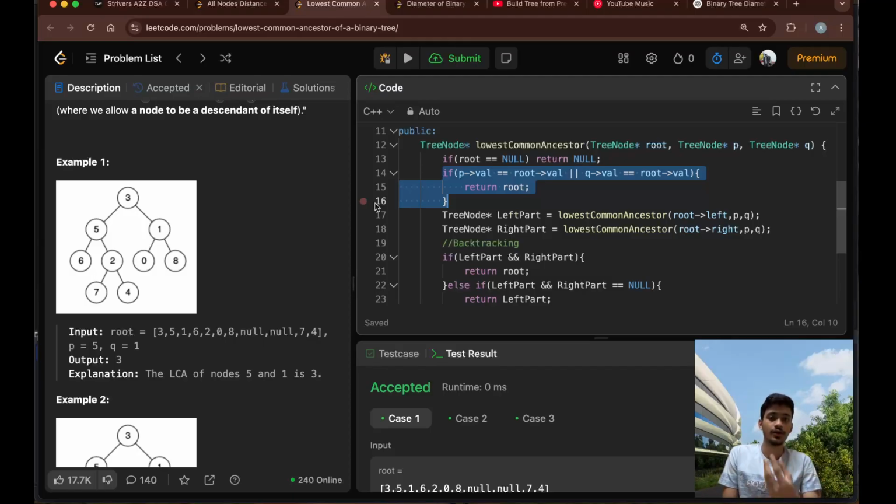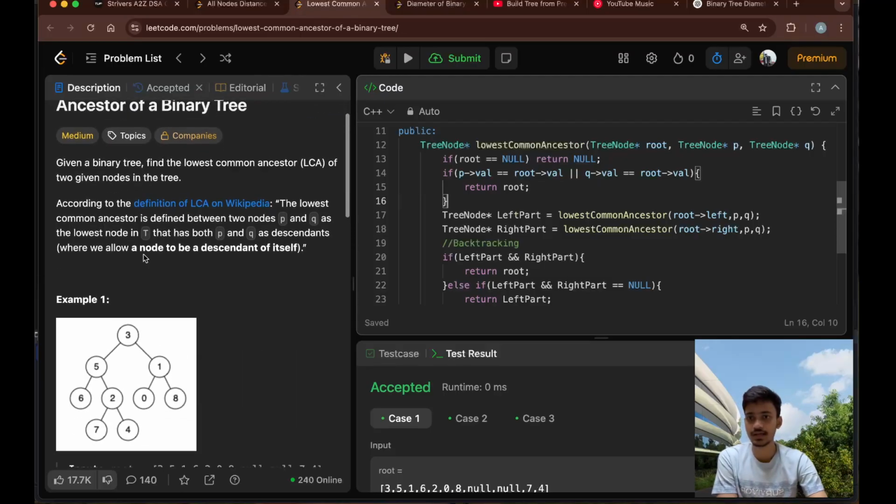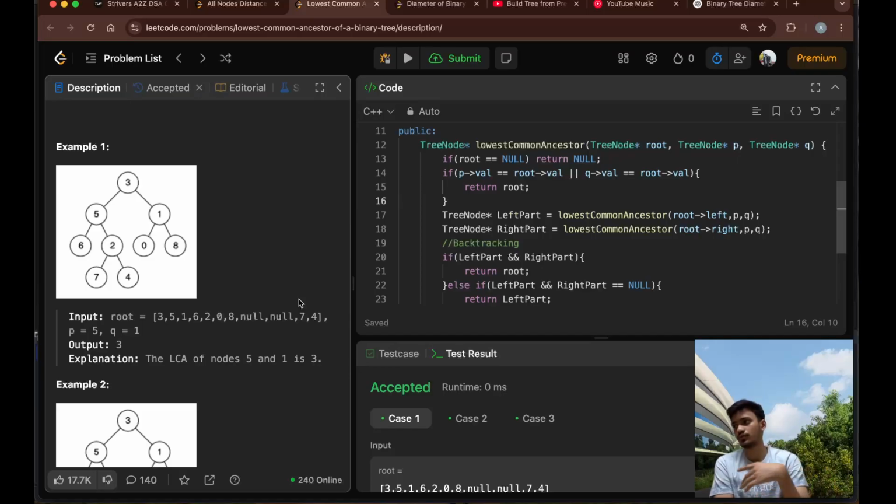The ancestor would be p only, because in the question it is said that a node can be a descendant of itself. So one is there and the children, so it is the lowest common ancestor.